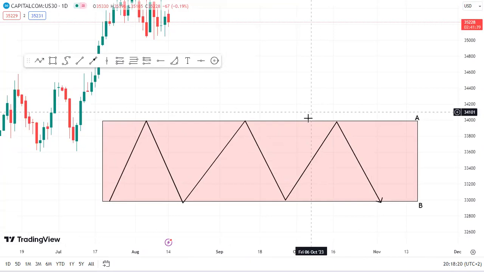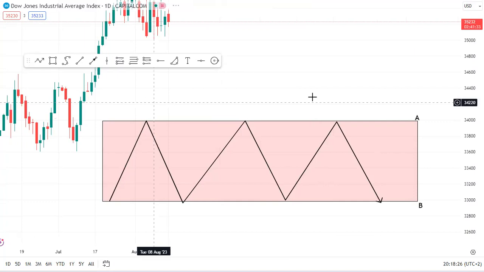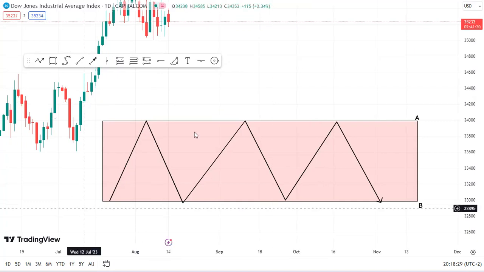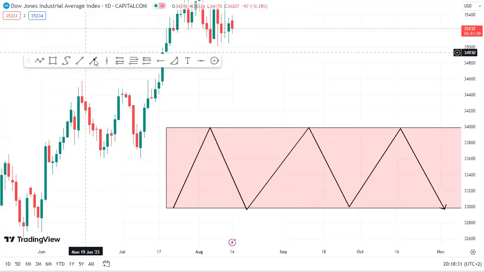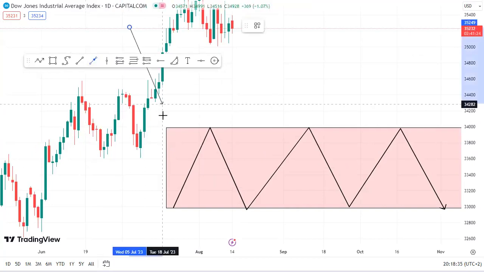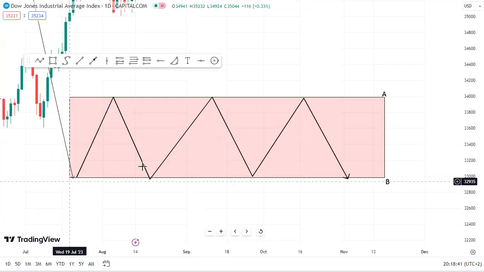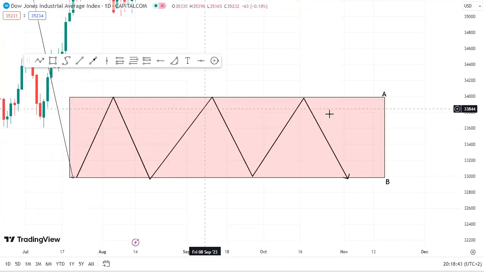So let's say you have your market in an impulse coming from wherever it is coming, then it starts to move like this, right?